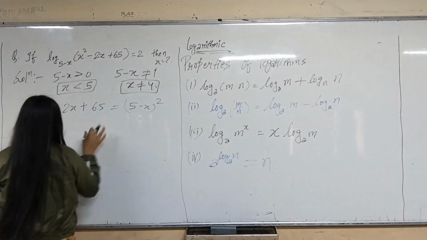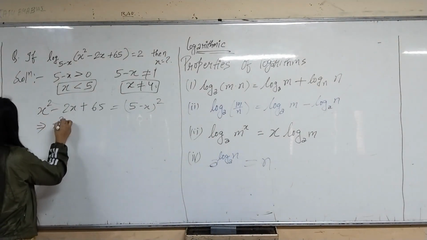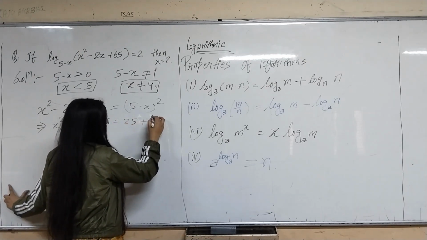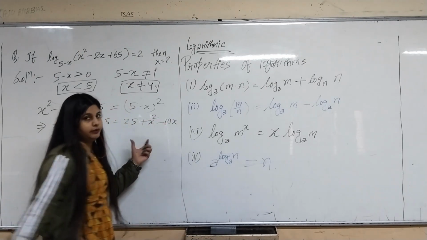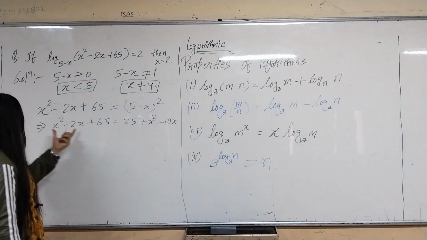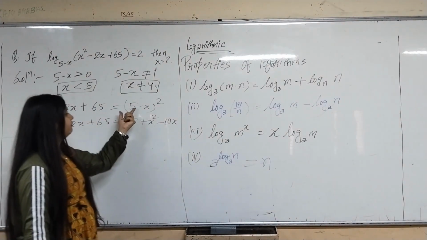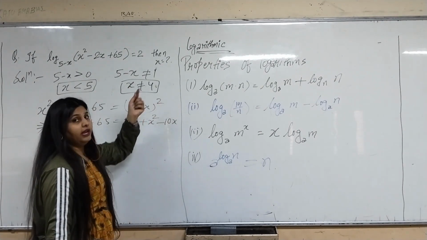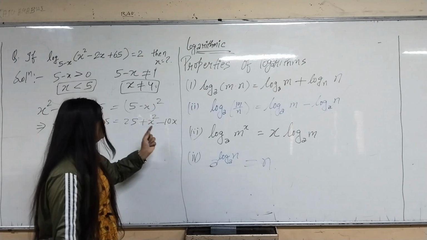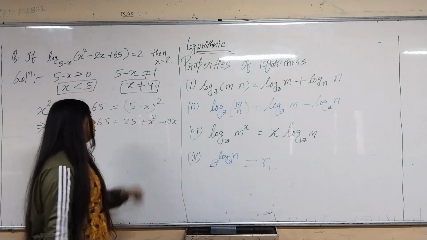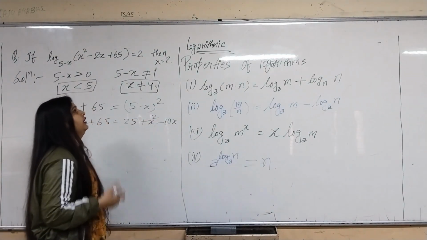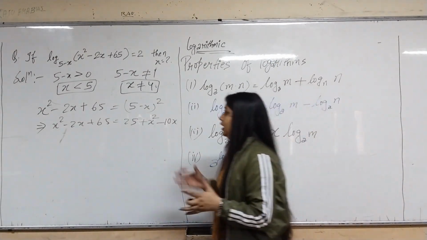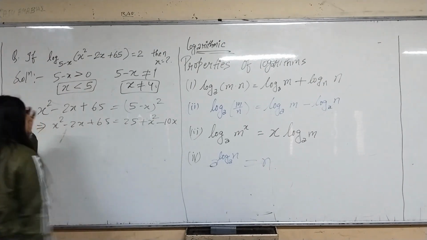When you solve it, x square minus 2x plus 65 equals 5 square, that is 25, plus x square, minus 2 into 5 into x, that is 10x. A minus b whole square equals a square plus b square minus 2ab. Is this clear?